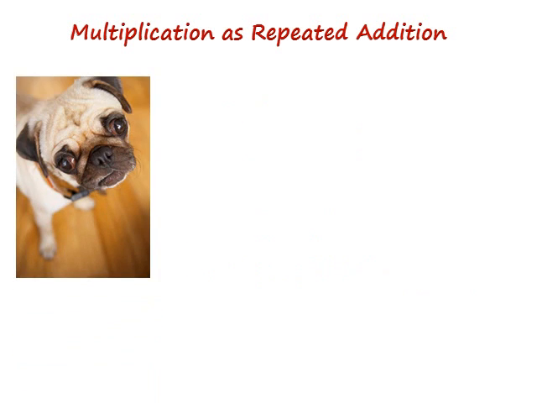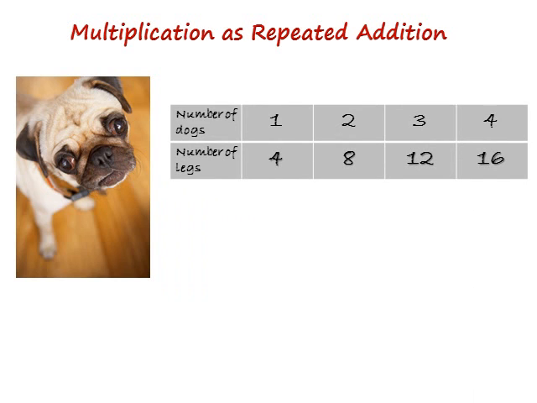How about some application of repeated addition or multiplication? Let's try this cute puppy in here. Okay, so we have a table here. The first row is the number of dogs, and the second row shows the number of legs for each dog. For the second column, we would see that if there's 1 dog, there are 4 legs.